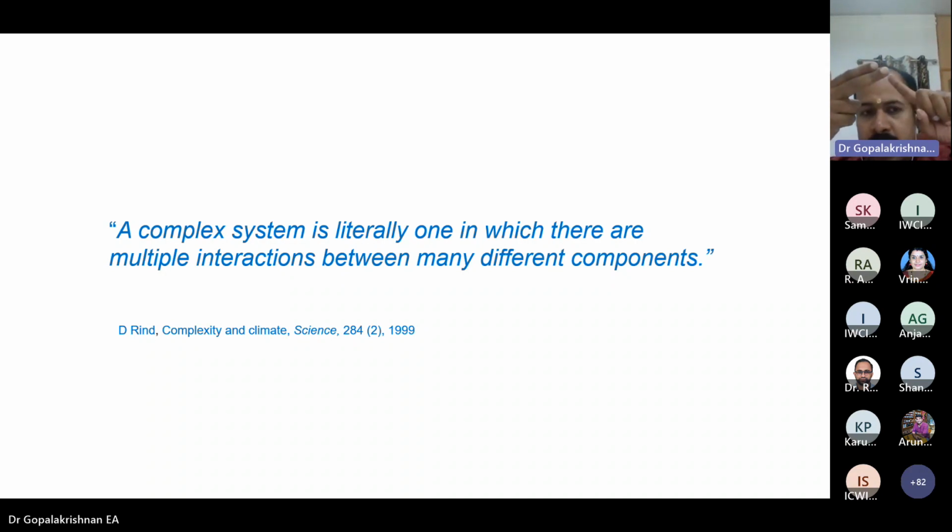Two, these subsystems are interacting without a master control. That means there is no central control in the system which is making the system behave in a particular way. So the first point is there are interacting subsystems. The second point is there is no central control.